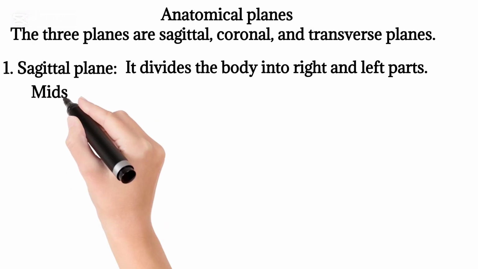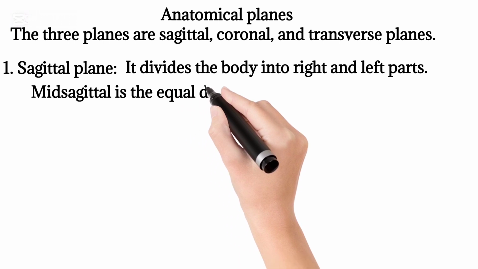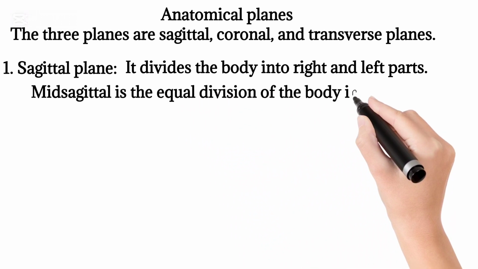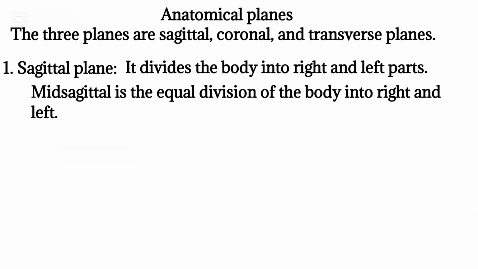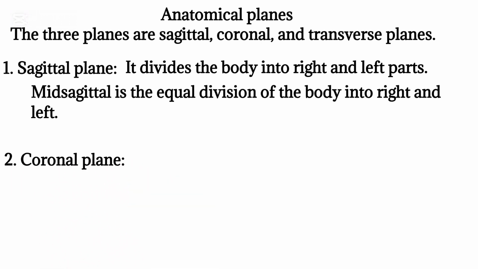We have the mid-sagittal under the sagittal plane, and this plane divides the body into two equal lateral parts. It runs through the middle line of the body. Now let's talk about the coronal plane.